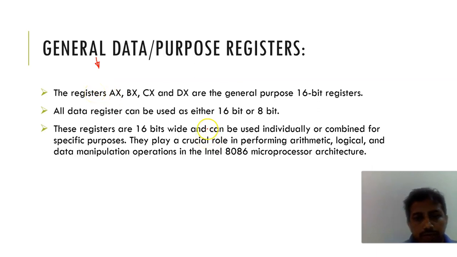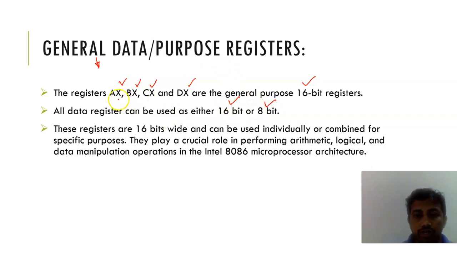There are 4 general purpose registers, namely AX, BX, CX, and DX. These 4 registers are 16-bit registers. These registers can be used either as 16-bit registers or 8-bit registers.